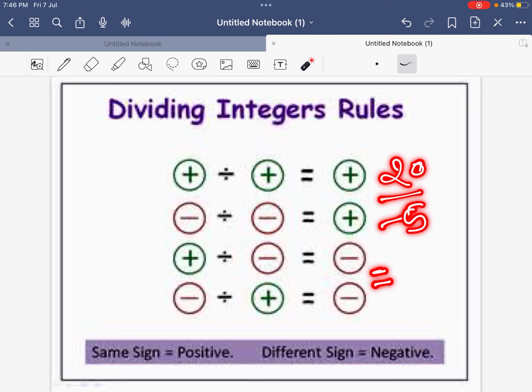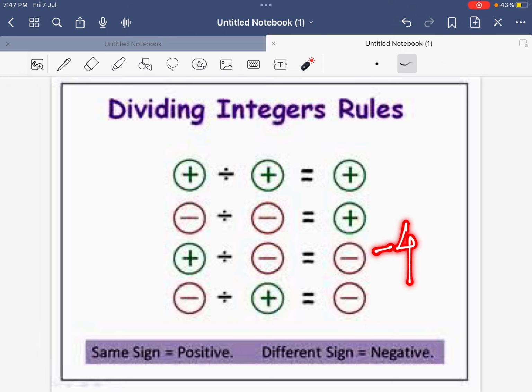So what will happen? If you divide 20 by 5, 5 ones are 5, 5 fours are 20, so your answer is 4, and because of this minus we get minus 4. So in this case the answer is equal to minus 4.